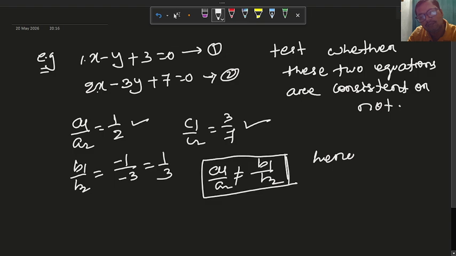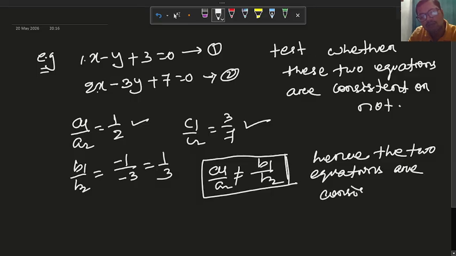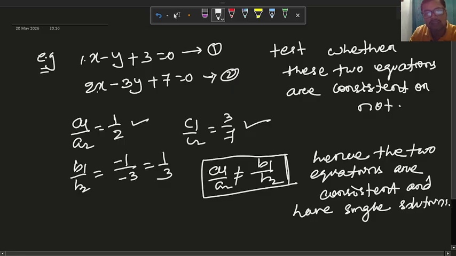Hence, the two equations are consistent and have a single or unique solution. Clear?